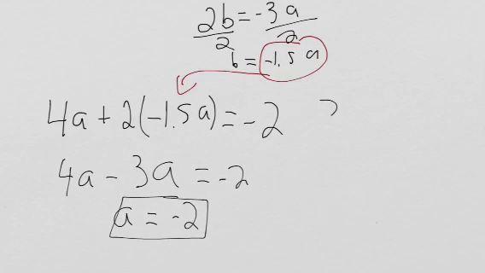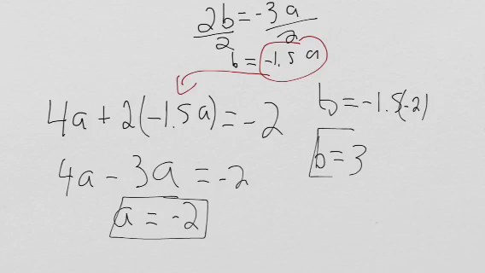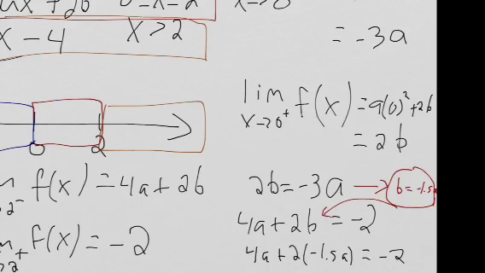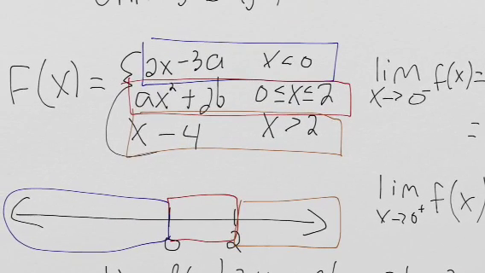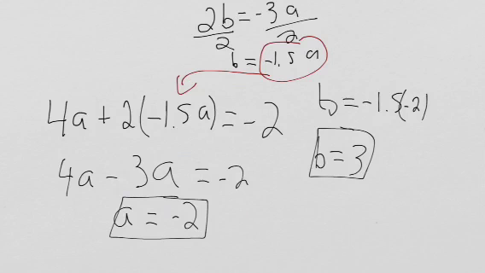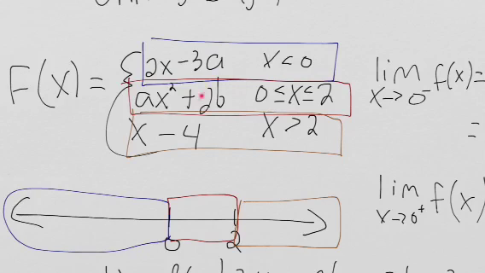We have b equals negative 1.5 times a, and a is negative 2, so we plug that right in. So then b, it turns out, is 3. So if we go back to our piecewise function, to make this function continuous so there are no breaks in it, we need a to equal negative 2, and we need b to equal 3.